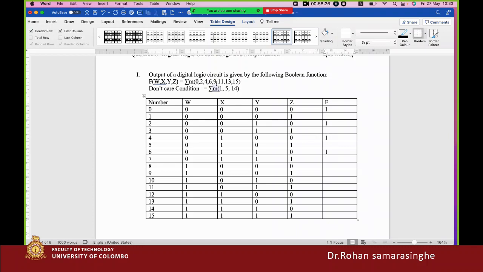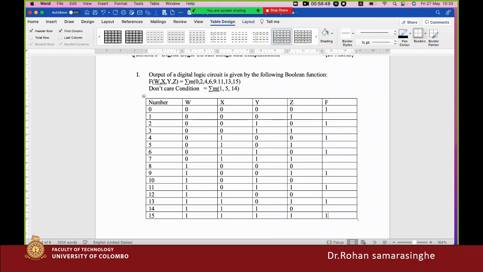And 9 also has 1. 11 has 1. 13 also has 1. Then 15 also has 1.